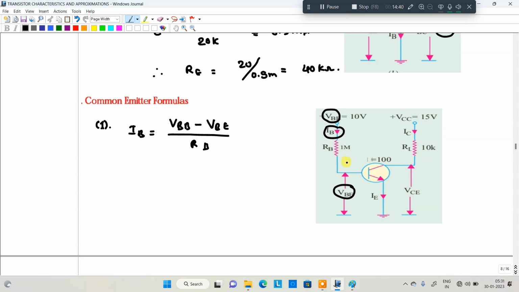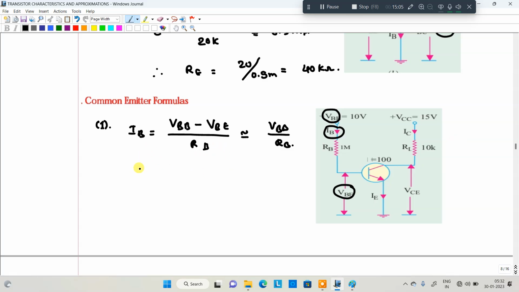In most of the cases, VBE is neglected. In ideal cases, VBE is neglected, so IB is approximately equal to VBB divided by RB. The values depend upon whether it is silicon, 0.7, or germanium, 0.3, for the VBE value. Otherwise, you can take it as neglected unless they mention.